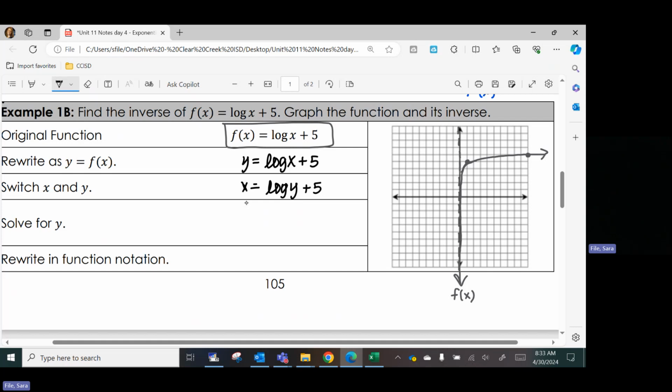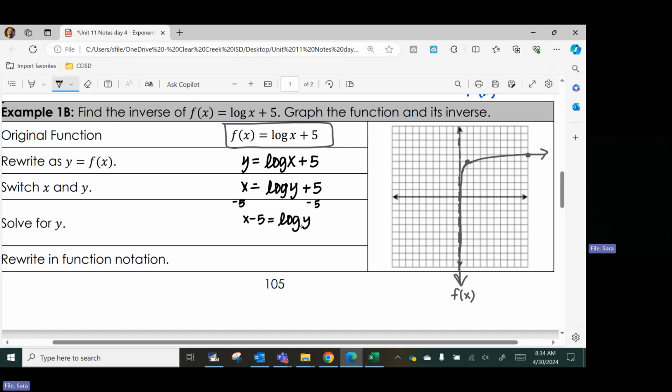Before I can rewrite this from log to exponential, though, I've got to isolate the log expression. So that plus 5 needs to move by subtraction. So that's going to become x minus 5 equals log of y. Now I'm ready to rewrite that as an exponential.